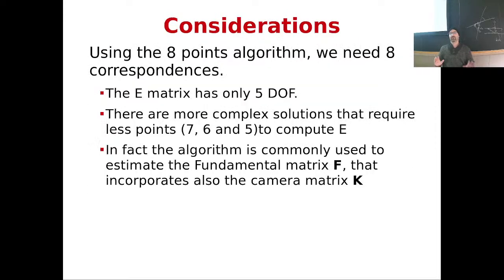Once I have the E matrix, I could straightforwardly apply camera resection, so extract R and T, and I have 4 possible candidates of rotation and translation from one single set of correspondences.